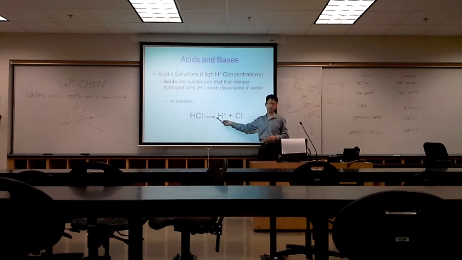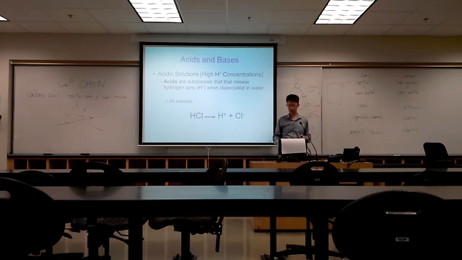Because it dissociates into hydrogen ions, it releases hydrogen ions, so we call hydrochloric acid an acid. This chloride ion is the same chloride ion you can find in your table salt, sodium chloride.